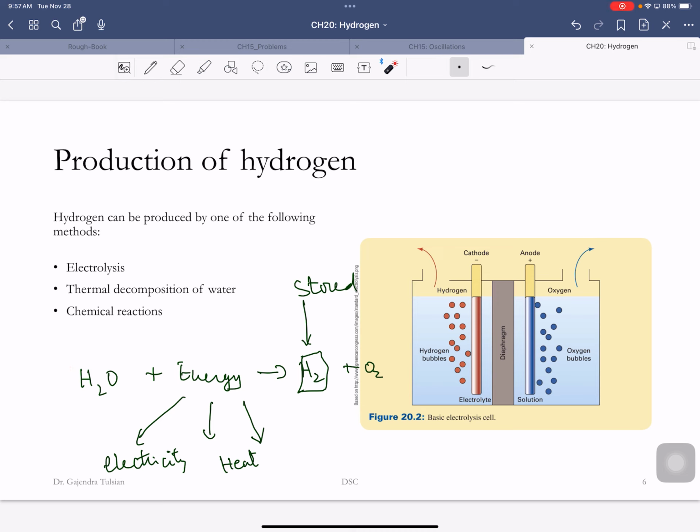Or you can use energy derived from a chemical reaction. Okay. So those are the three ways of doing it. And in practice, eventually, this is getting cheap enough. Right now, it's a little expensive, but once this gets to be cheap enough, we'll all be good.